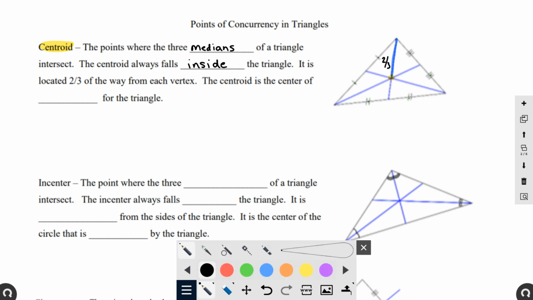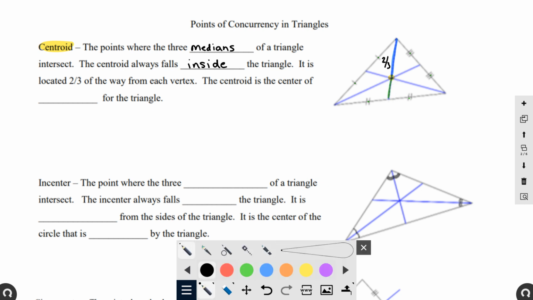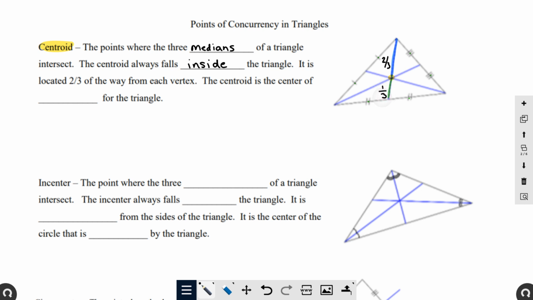So what does that mean about the distance from the centroid to the other side? It's 1/3 of that total distance. So if you are at a vertex, you're going to have to walk 2/3 of the distance to get to the centroid. And if somebody's on the side of the triangle, they're going to walk 1/3 to get to that centroid point.